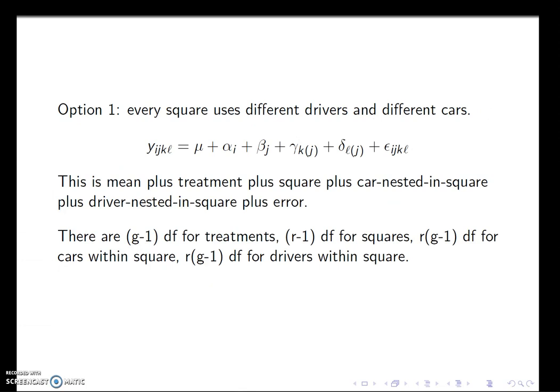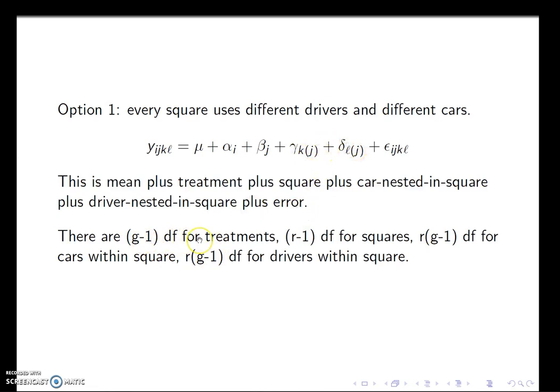So we could have every square use different drivers and different cars. This is one option for us. This is a mean plus treatment plus square plus car nested in square, because the car is going to depend on which square you are in. But the driver also depends on which square you're in. So these effects are nested.